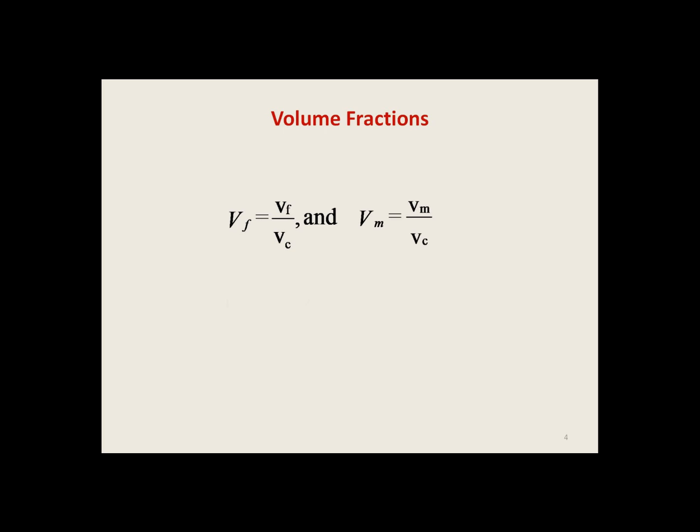Similarly, we can define the matrix volume fraction as the ratio of the volume of matrix and the volume of composite. And we had already discussed that the sum of the volume fractions, the fiber volume fraction and the matrix volume fraction, must be unity.